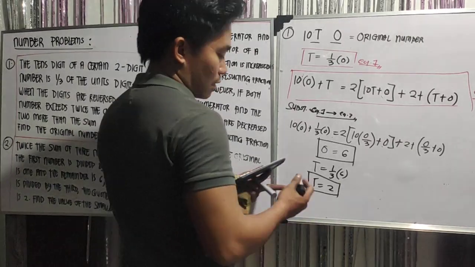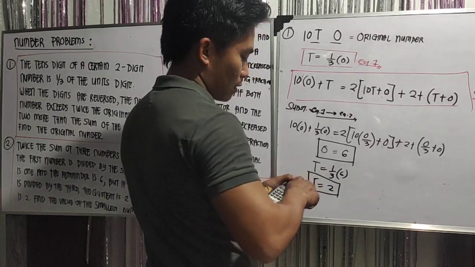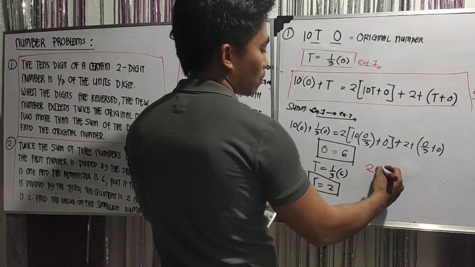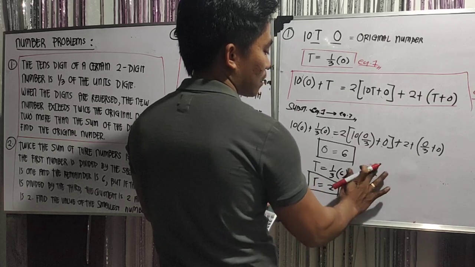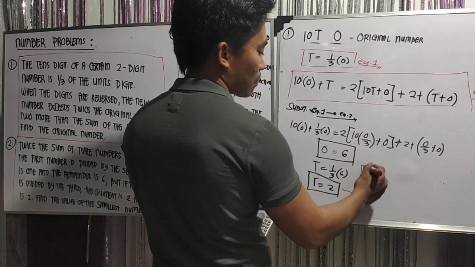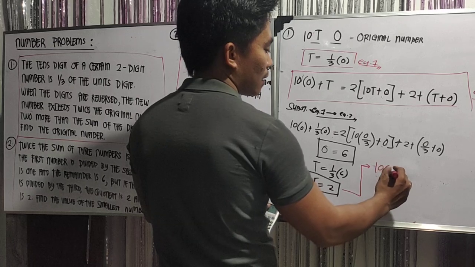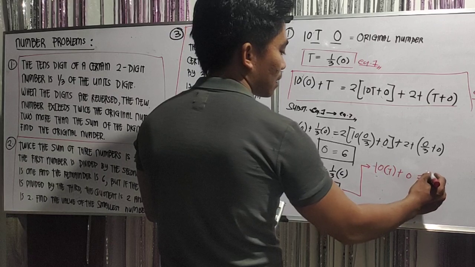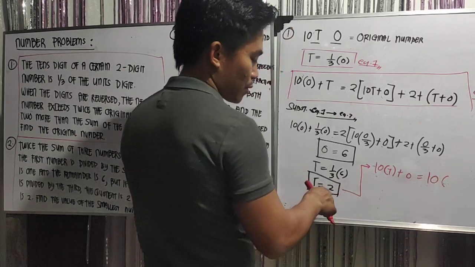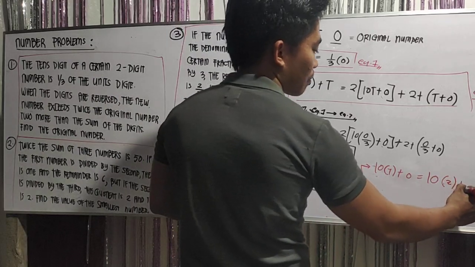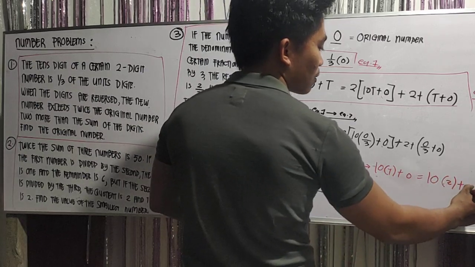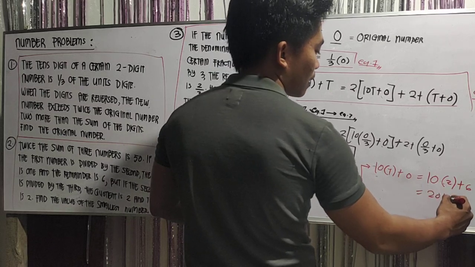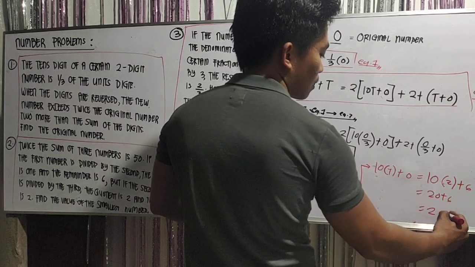Your number is 10T plus O, which is 10 times 2, plus your O of 6. So the original 2-digit number is simply 20 plus 6, or 26.